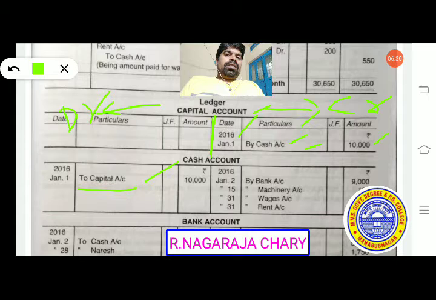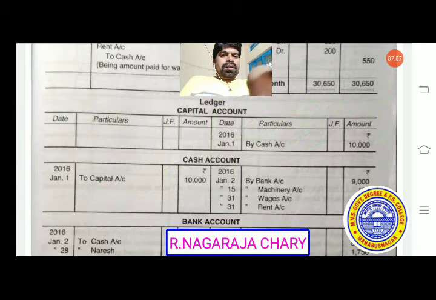Here the two aspects are cash account and capital account. The cash aspect is recorded in the cash account, and the capital aspect is recorded in the capital account. In one transaction we have two aspects, those are recorded as a journal entry, and they are to be posted into the concerned accounts.